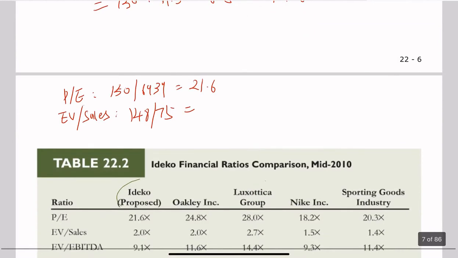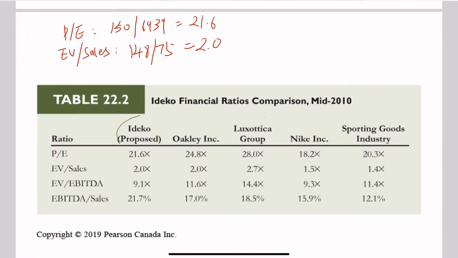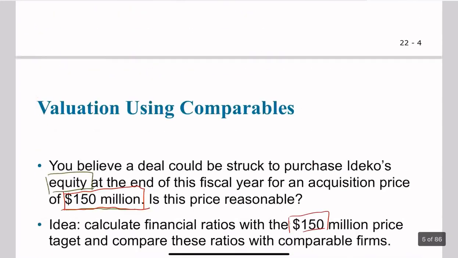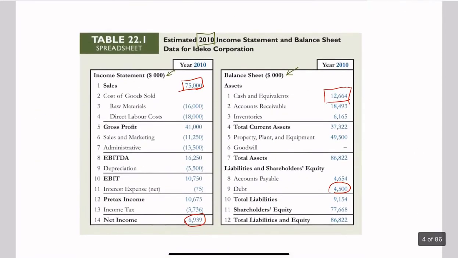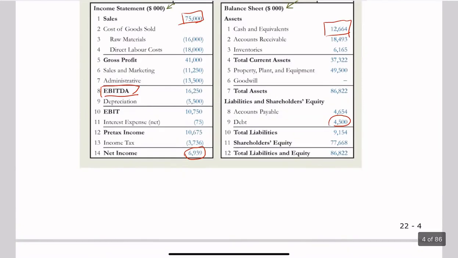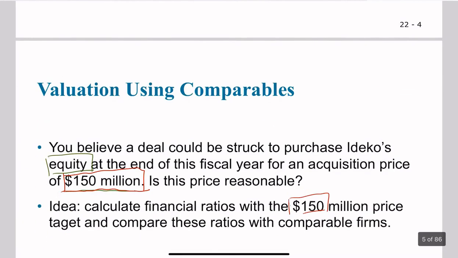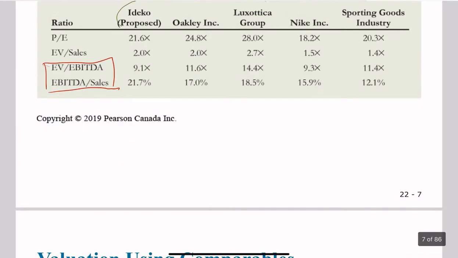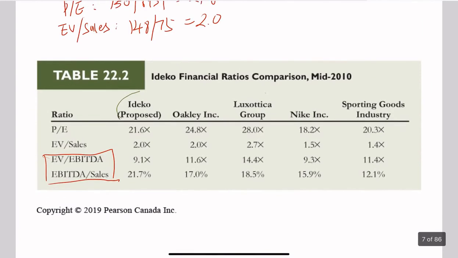So this would give us a number of almost 2. And of course you can find out these two ratios by yourself, right? Because you have EBITDA here, so it's very easy for you to calculate the ratio of EBITDA versus sales, or EV divided by EBITDA.